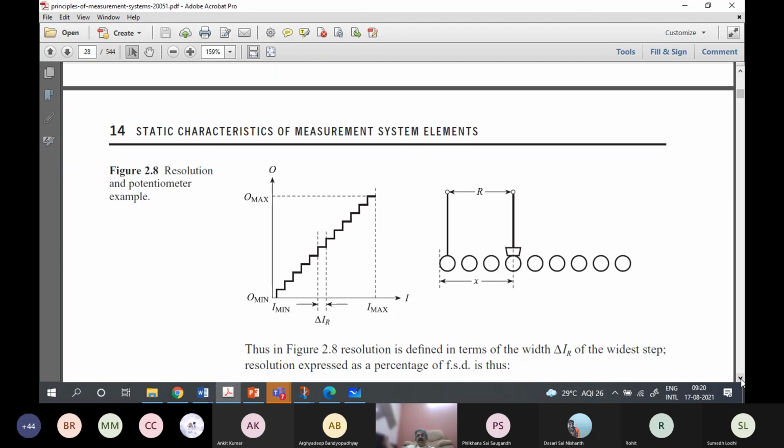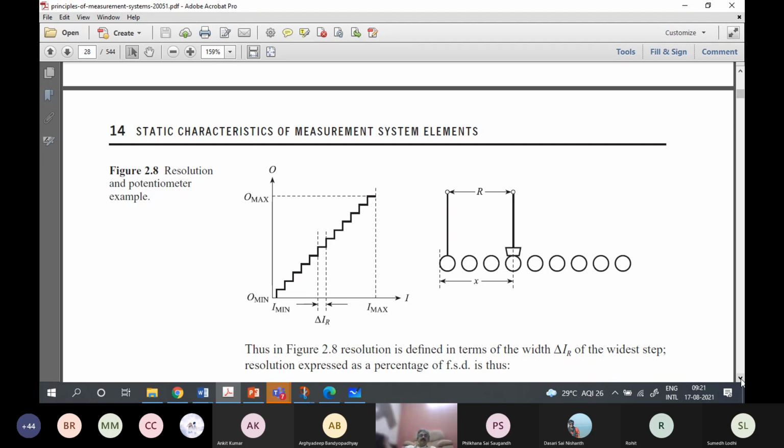Normally wipers are connected to multiple windings together, but imagine this situation, even if it's connected to 2 windings, it does not matter. But look at this wiper. The resistance that it connects into the circuit naturally changes in steps, because it either connects to coil number n or coil number n plus 1.